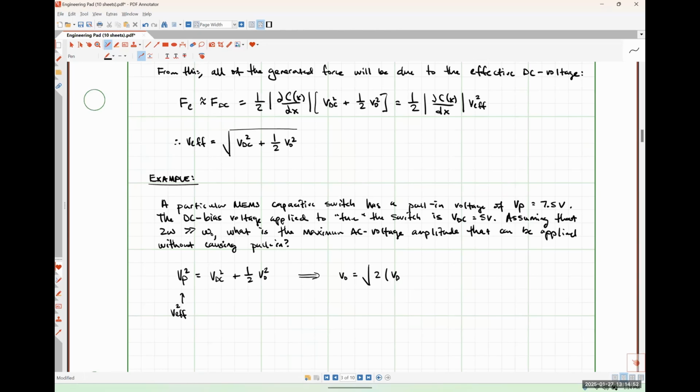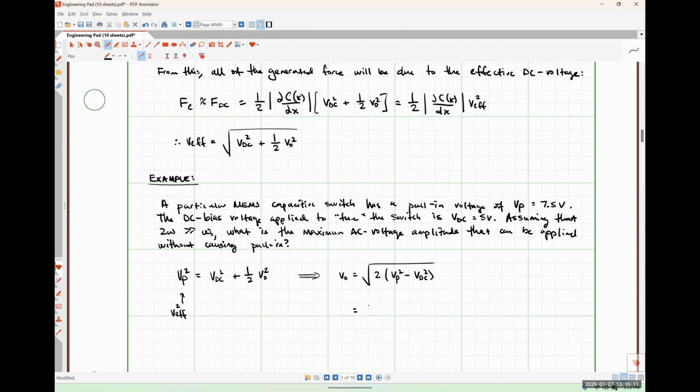So that'll be VP squared minus VDC squared. I believe I've algebraed that correctly. I just moved the VDC squared term over to the left-hand side, multiplied both sides by 2, took the square root of the whole thing.